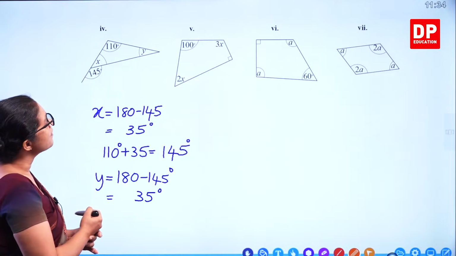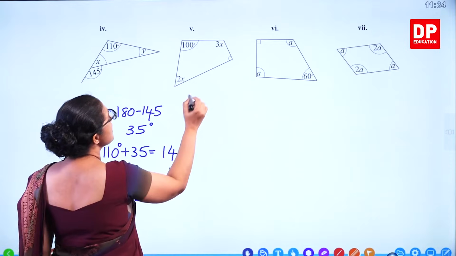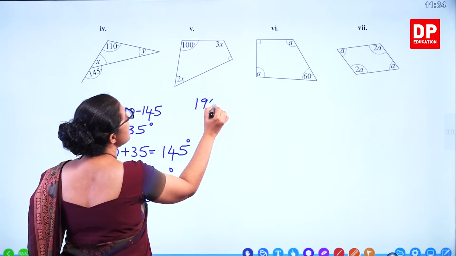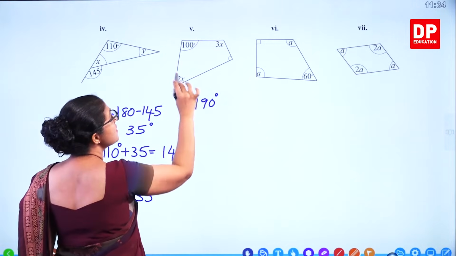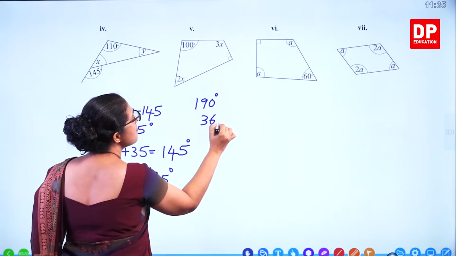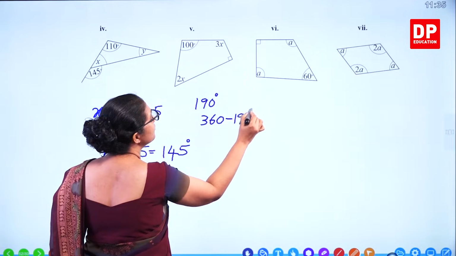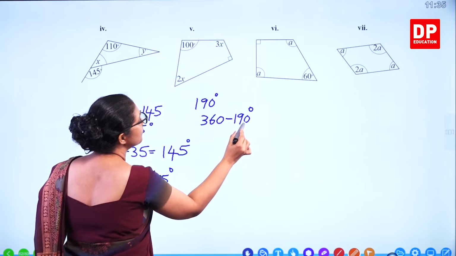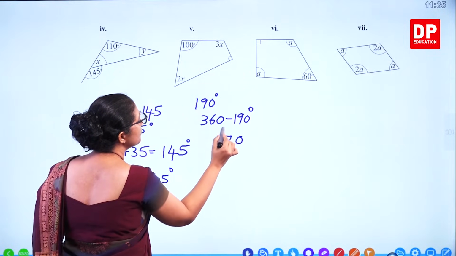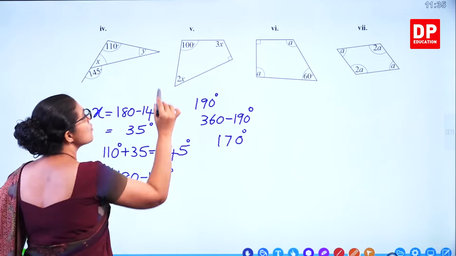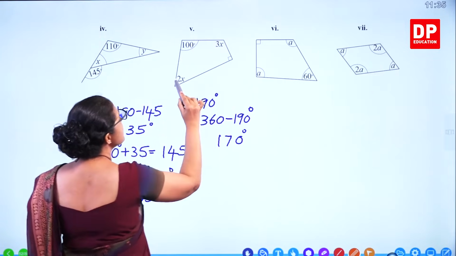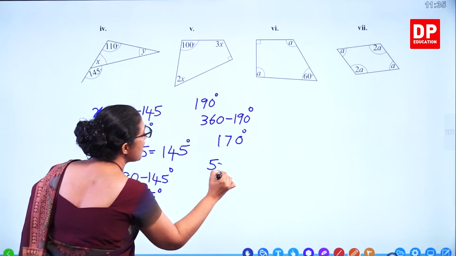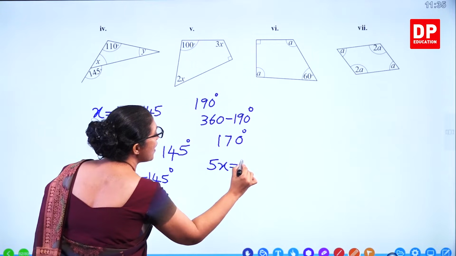This one is a quadrilateral. 100 plus 90, 190. So the sum is 360. 360 minus 190 now, 170. So that means 3x and 2x, 5x becomes 170.